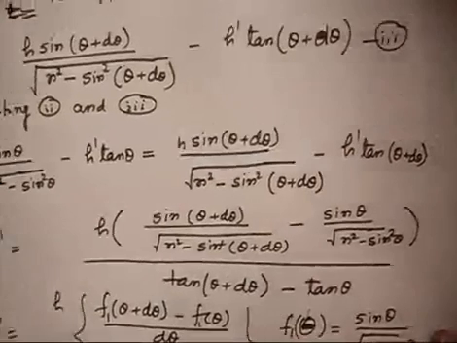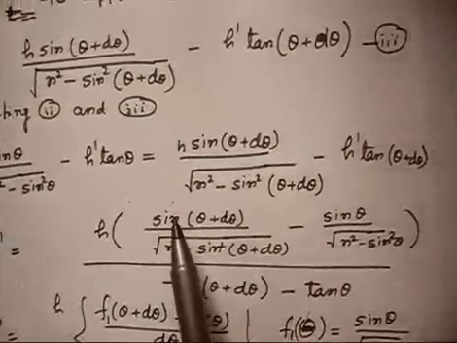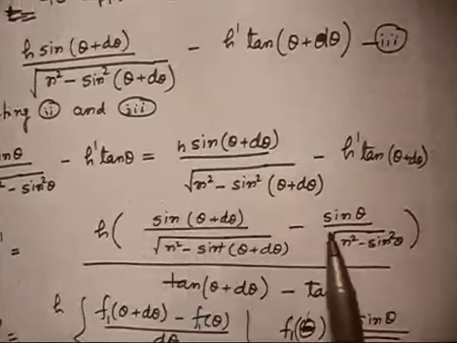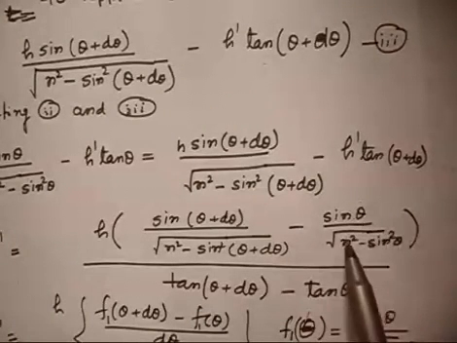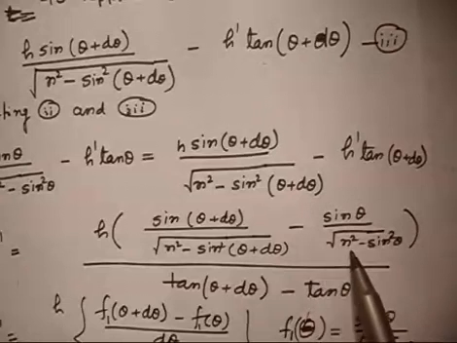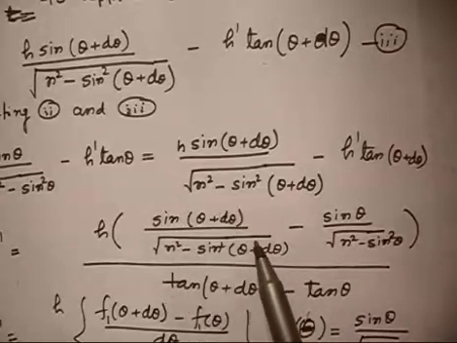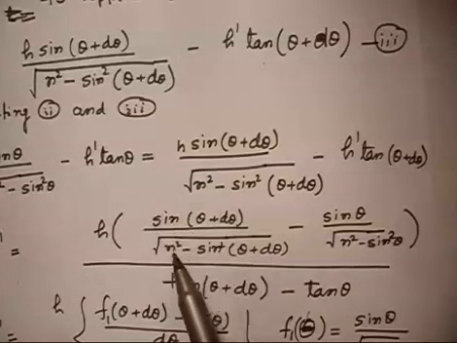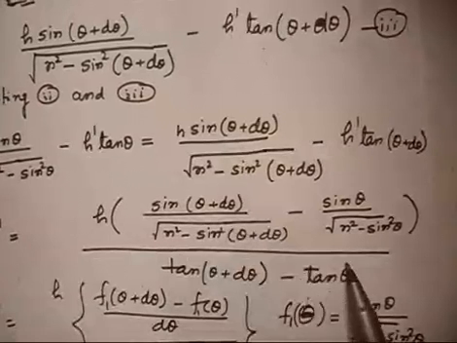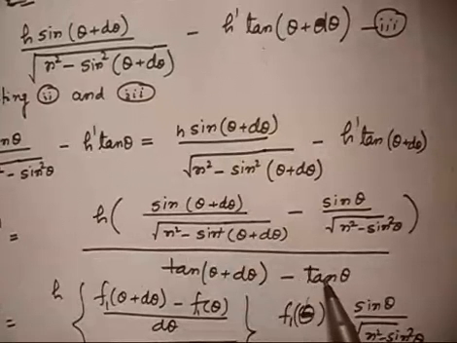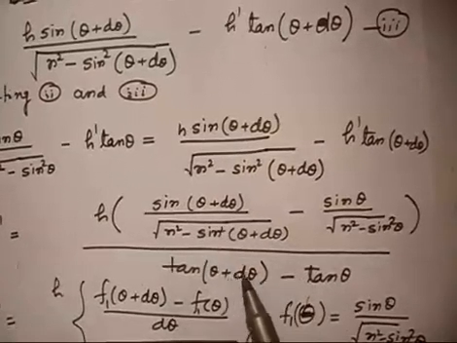Now you see the upper part is what? If I assume this sin theta by the square root of n square minus sin square theta is a function f1 theta, then this is f1 theta plus d theta, that is, I have to replace theta by theta plus d theta. Again, if tan theta is a function f2, this becomes f2 theta, and this becomes f2 theta plus d theta.